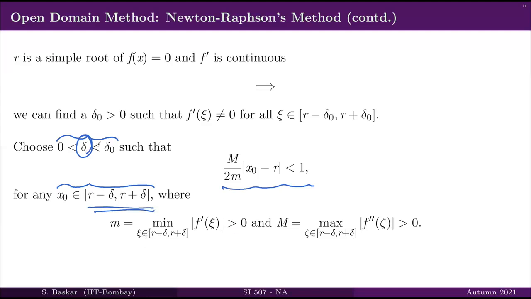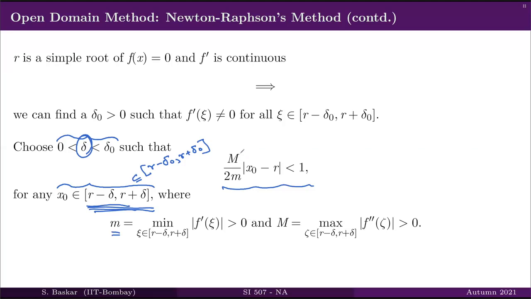Since delta is less than delta-naught, this is a subset of the interval on which f' never vanishes, right? Therefore, in this interval also f' is not equal to 0. Hence, small m is strictly greater than 0.